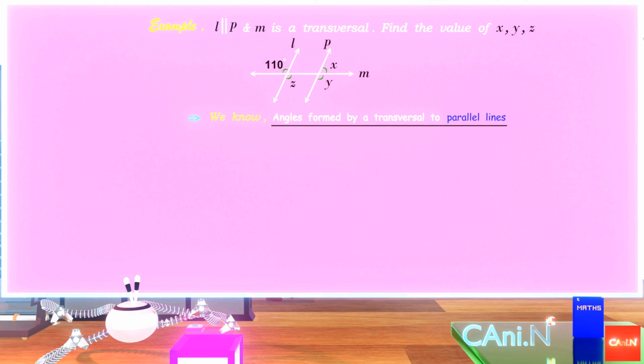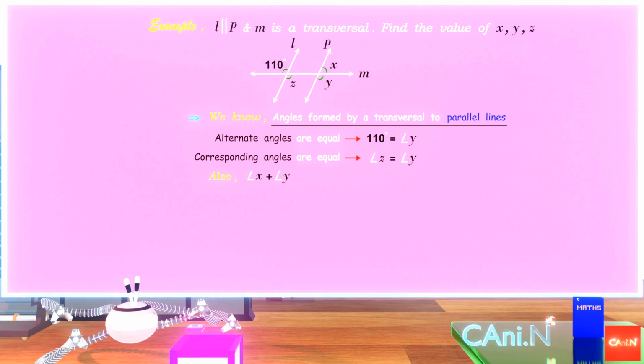Example: L is parallel to P, and M is a transversal. Find the value of X, Y, and Z. We know, for angles formed by a transversal to parallel lines, alternate angles are equal, that is, 110 degrees equals angle Y. Also, corresponding angles are equal, that is, angle Z equals angle Y. Also, angle X plus angle Y equals 180 degrees since linear pair.